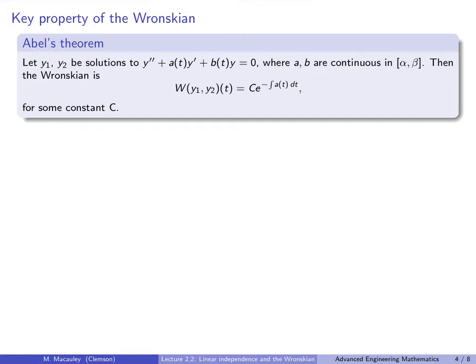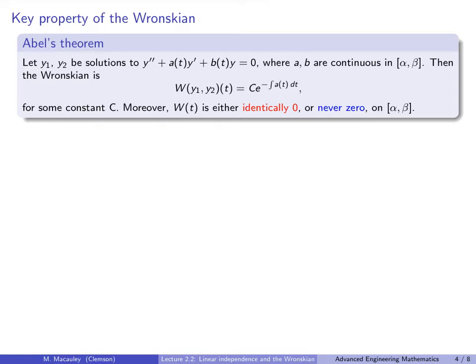Now, this is remarkable for several reasons. First of all, a minor point is that it does not involve b of t at all. But most importantly, we don't even have to know what these solutions are. Suppose we can't even solve this ODE. Well, we can still figure out what the Wronskian is. It's given by this formula. Here's another important observation.